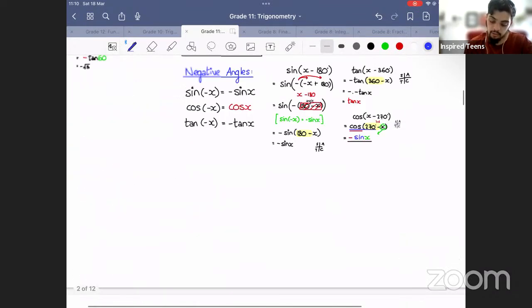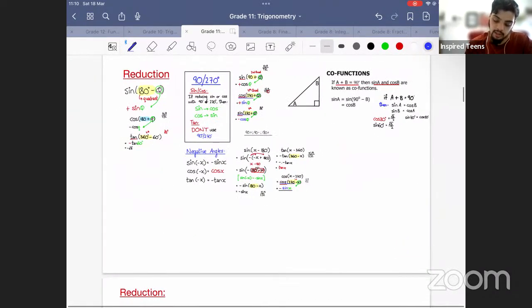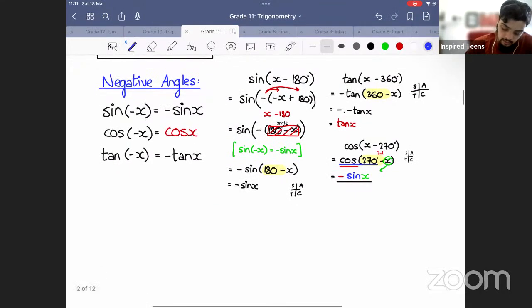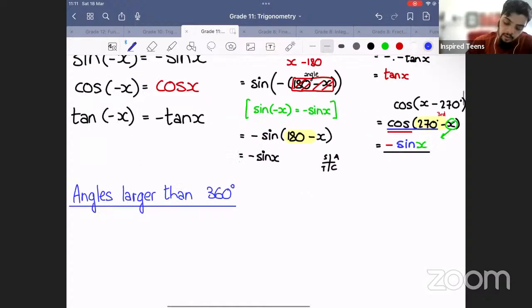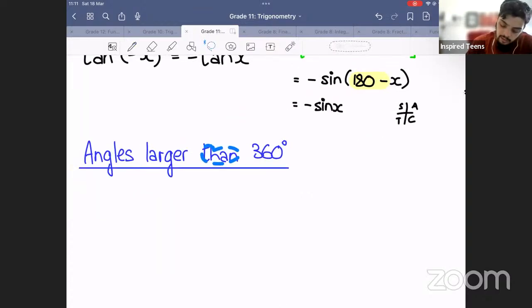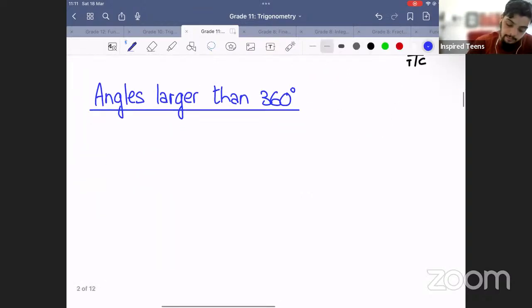Okay, no. Before we continue with this one, we just need to discuss one more thing: angles larger than 360. This is a simple concept. What happens if you have something like sine of 720 minus x?